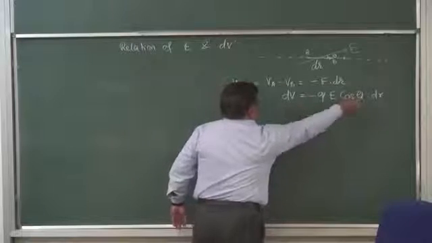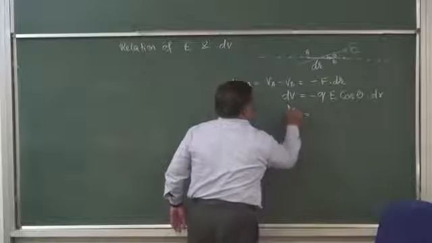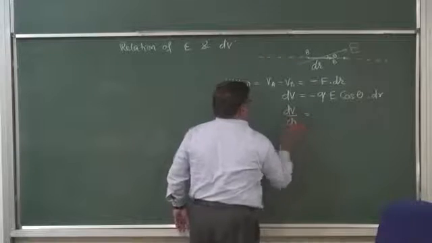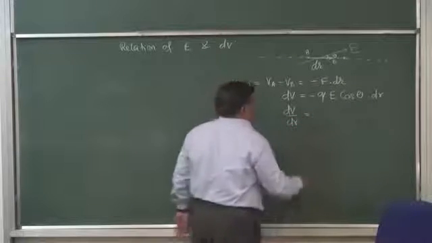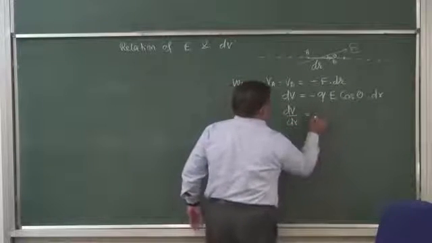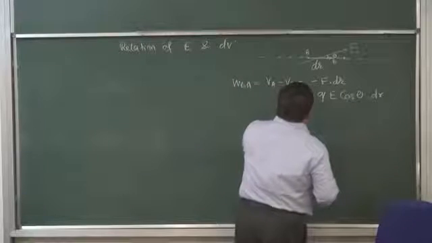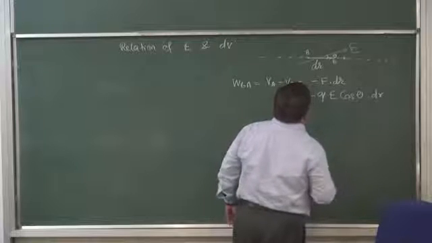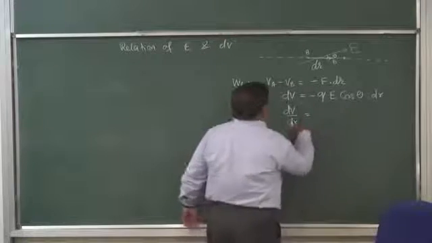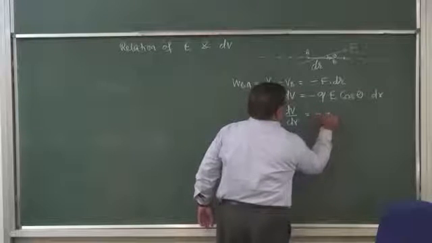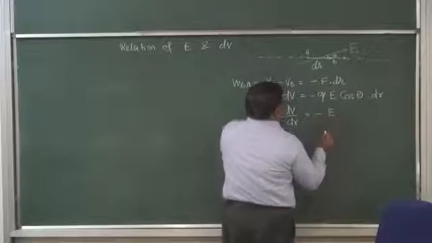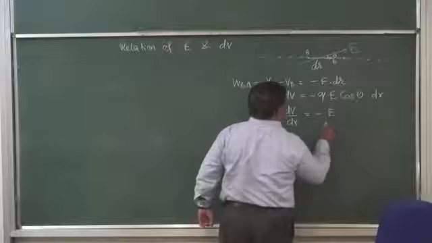Now, this dr, we bring it on this side. dV upon dr is equal to minus E cos theta.